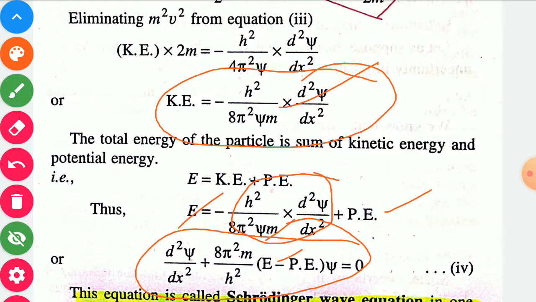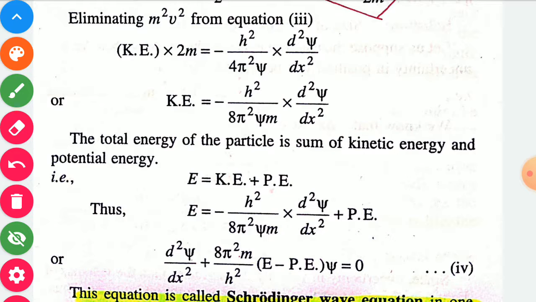We may write Schrodinger wave equation with respect to all three axes, that is x axis, y axis and z axis.